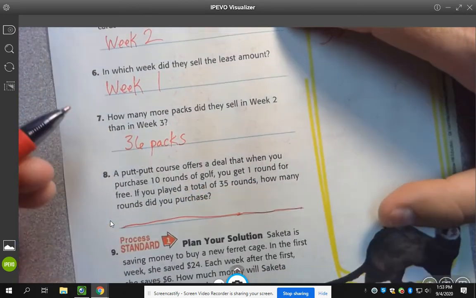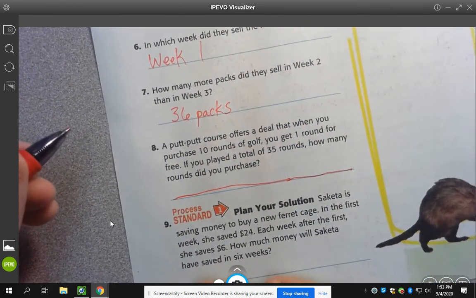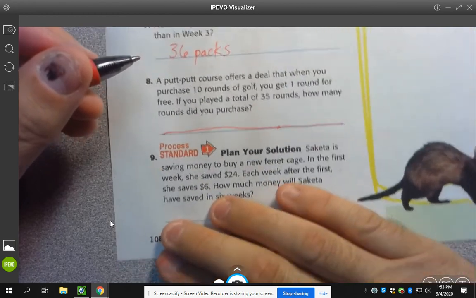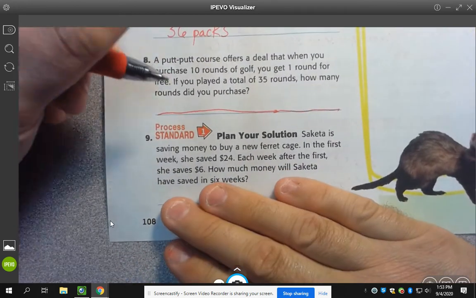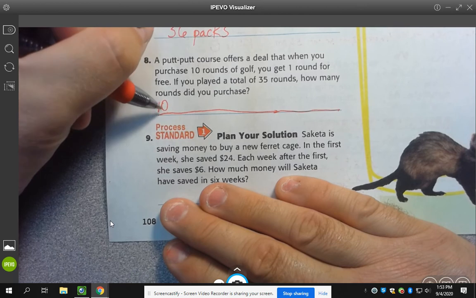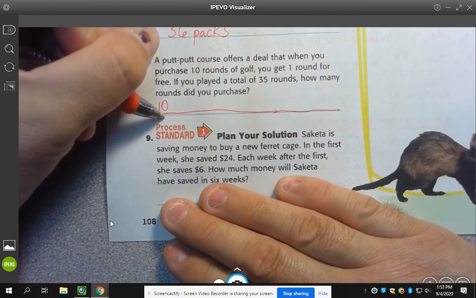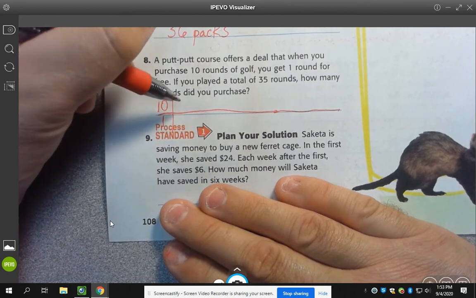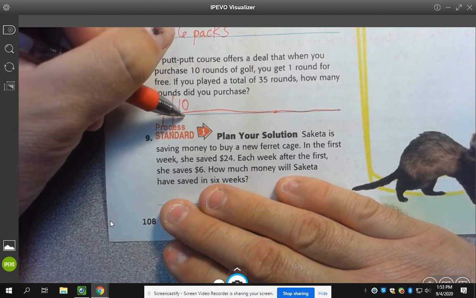So it says when you purchase 10 rounds, you get a round. Okay. So we purchase 10 and we get how many? 1. So if we purchase another 10, we'd get 1 also, right?